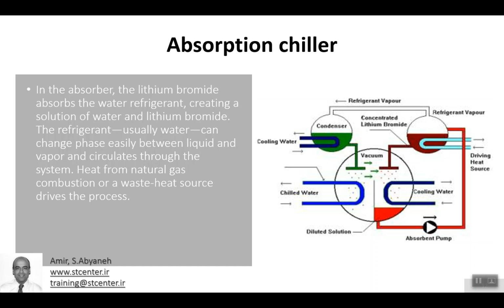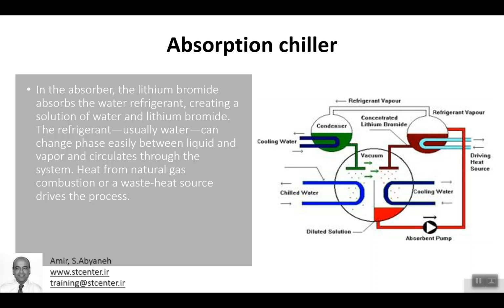So this type of chiller is based on water and lithium bromide and the change of phase of water as a refrigerant between vapor and liquid. These types of chillers, instead of power, need heat. This heat comes from natural gas.